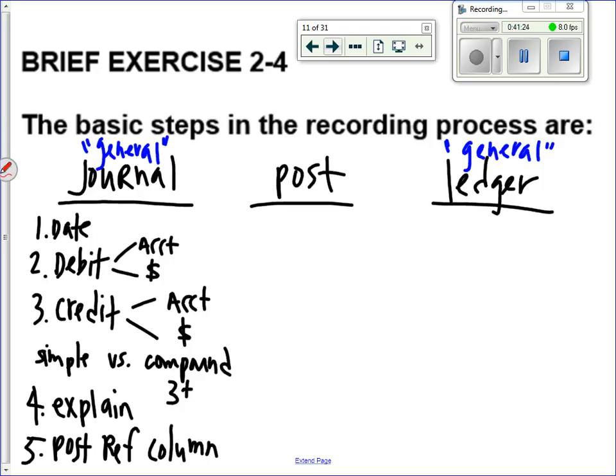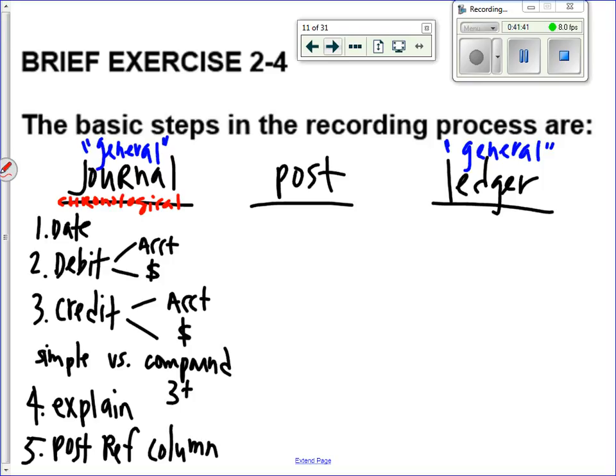A journal is chronological, based on, of course, the dates that things happened. Carrie asked a really good question. Should we post entry by entry, or should we wait until the end?